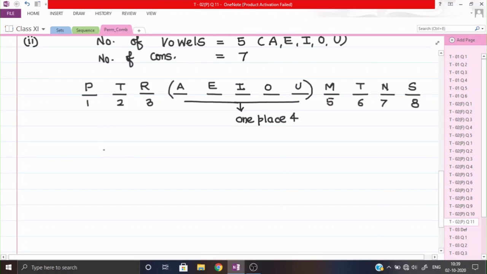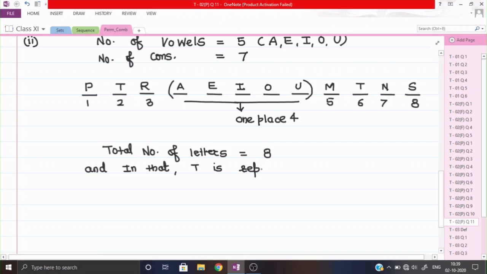So what can we write down here? Total number of letters. As per the counting I have shown you, the total number of letters is 8. And in that, who is repeating? T is repeating 2 times.